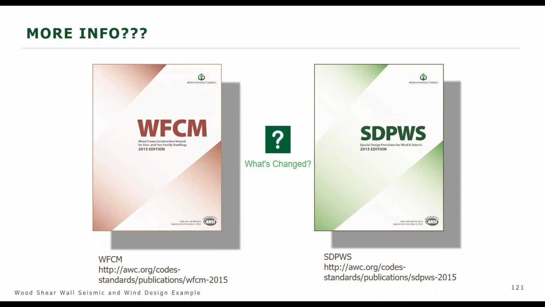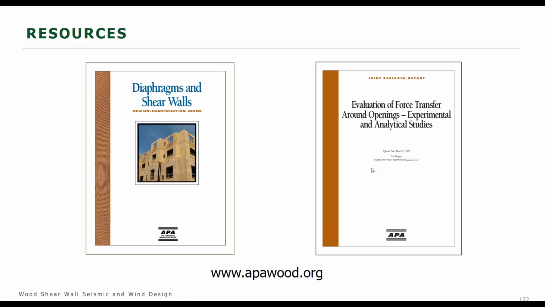So if you're under the 2018 IBC, it'll be the 2018 wood frame construction manual with 2018 NDS, and then the 2015 wind and seismic provisions. There are some other resources available as well to help you with your design that are noted here.